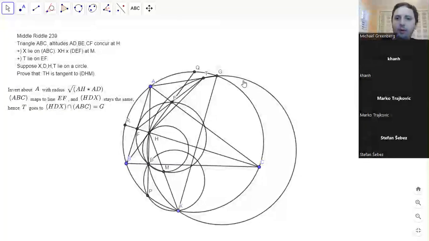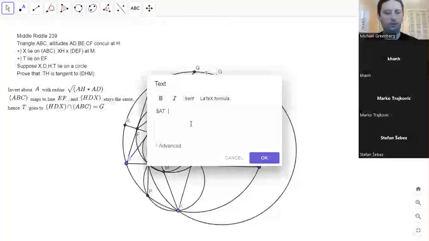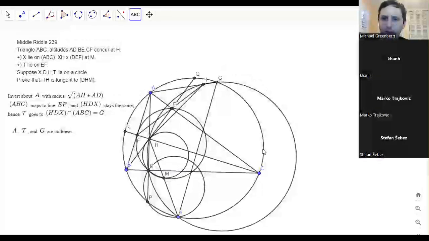But maybe there's another way to do it with H, inversion at H. So AT and G are collinear. And then once you have that, then you show the angle chase.